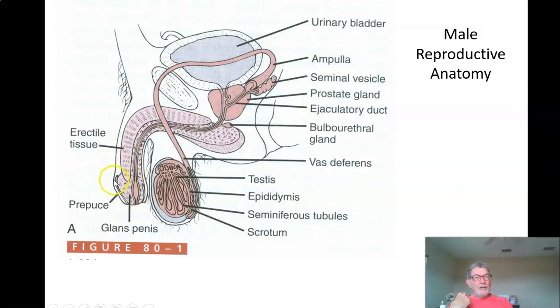The skin covering, called the foreskin, is also called the prepuce. The prepuce is the scientific term, so this is the one you'll want to use. The prepuce is a foreskin that protects the head of the penis when it's flaccid. During erection, the foreskin pulls back and reveals the head of the penis.